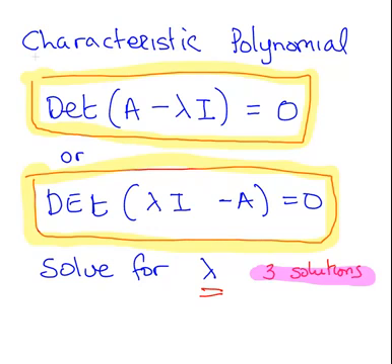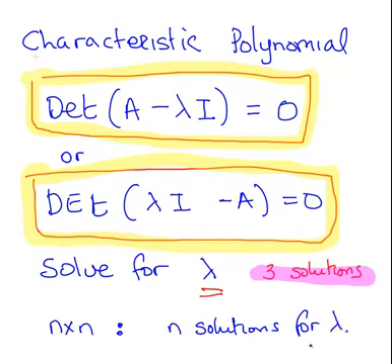For the n by n case, in terms of the dimensions of A, there would be n solutions for lambda. Lambda is related to the eigenvalues and eigenvectors, but we're not going to worry about that just yet. We're going to concentrate on the characteristic polynomial.